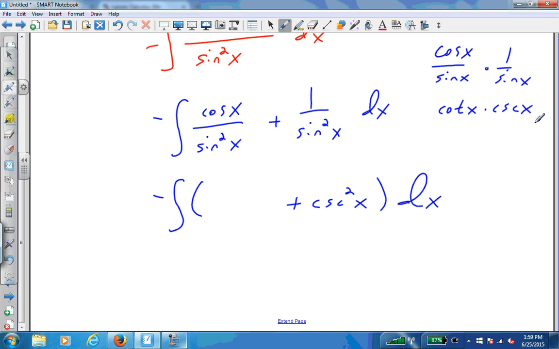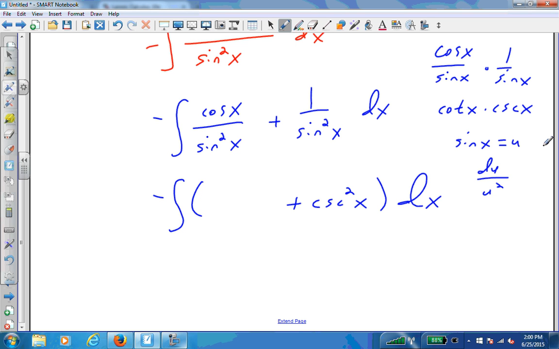We know how to integrate cosecant cotangent. Or we could let the denominator, let sine be u. If we let sine be u, then we have u squared on bottom. The derivative of sine is cosine, so du on top. So we would have du over u squared. So either one of those techniques is going to be okay.